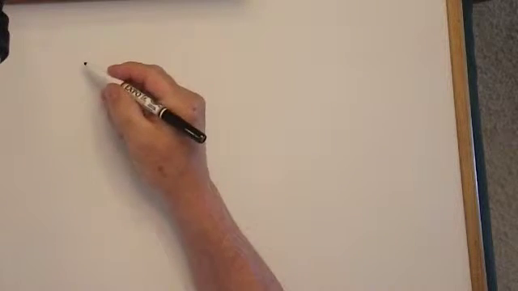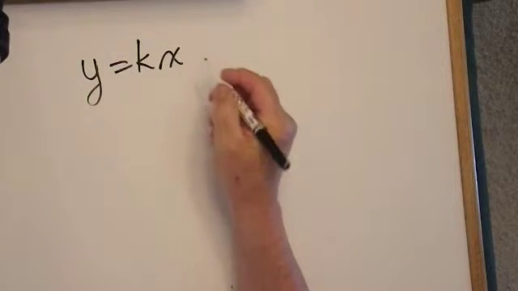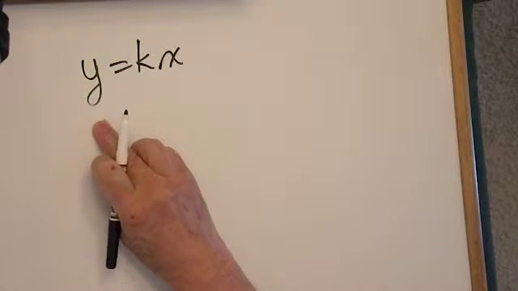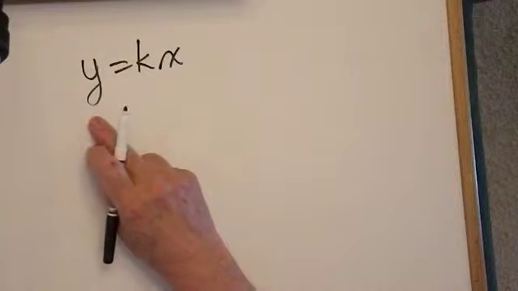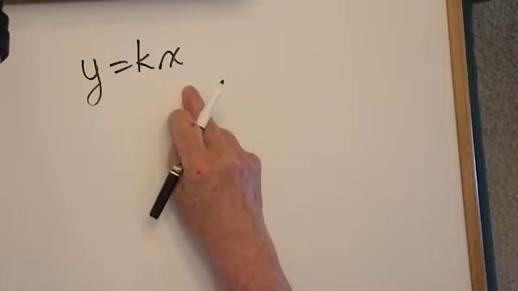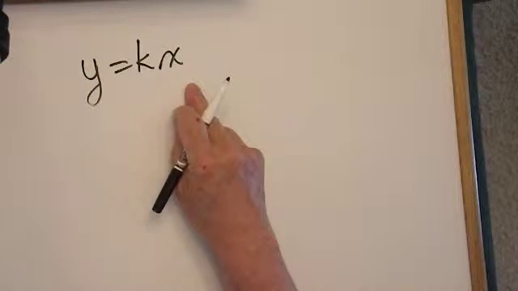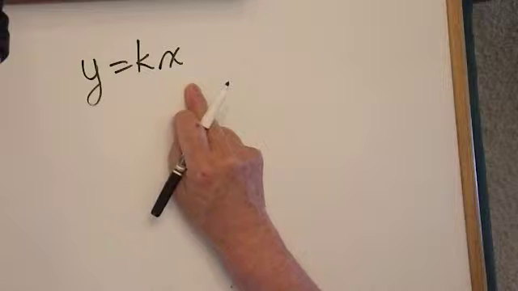So for example, y equals kx means that y varies directly as x. So you've got one variable equal to a constant times another variable, then y is said to vary directly as x.